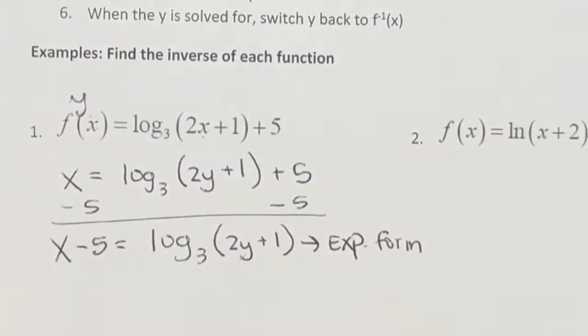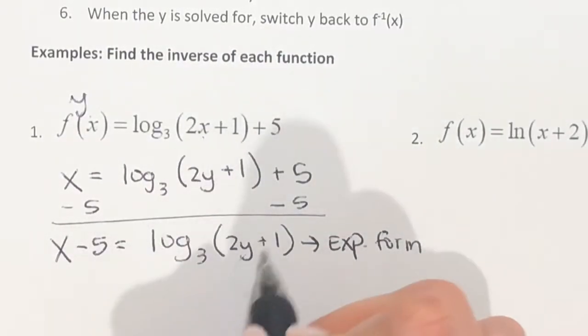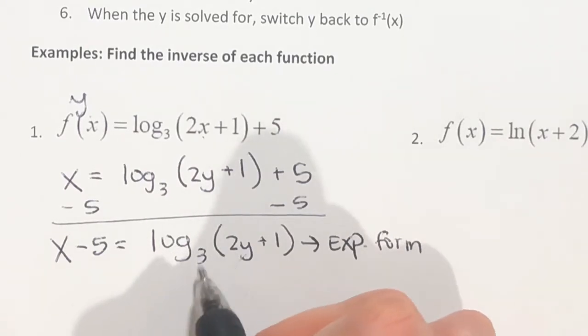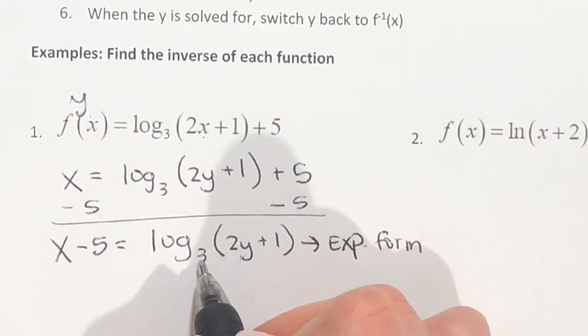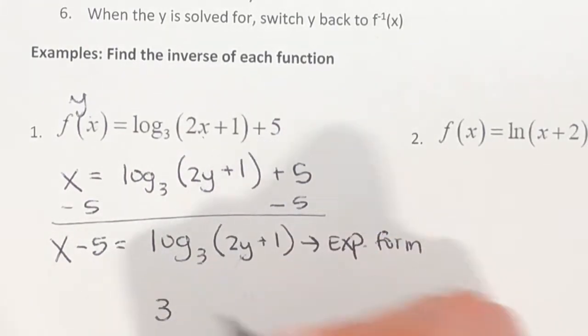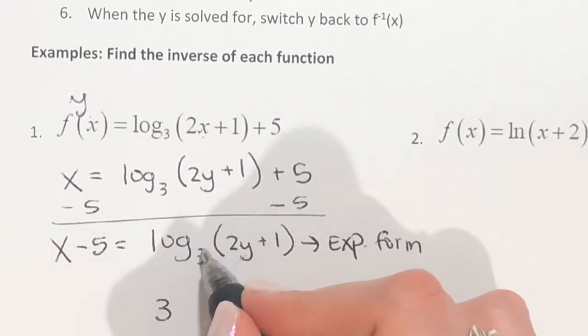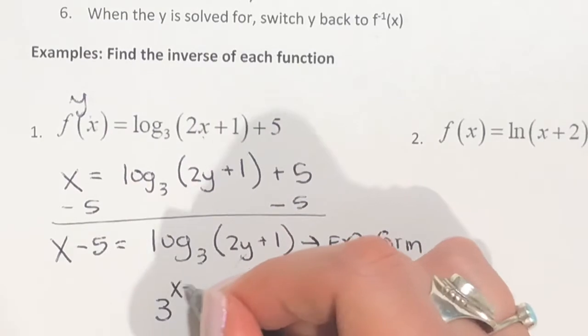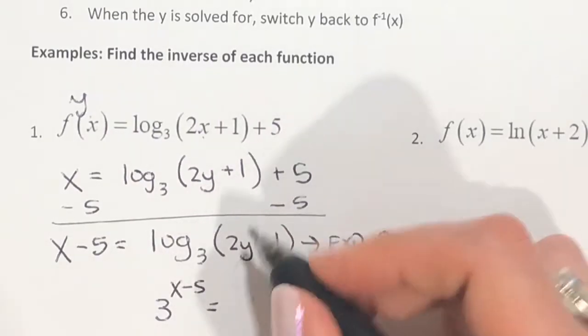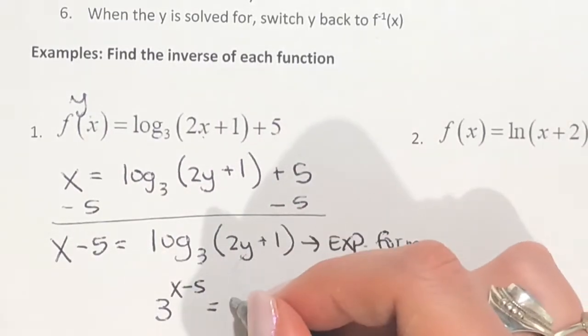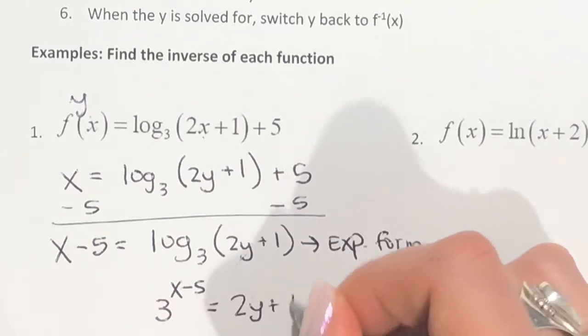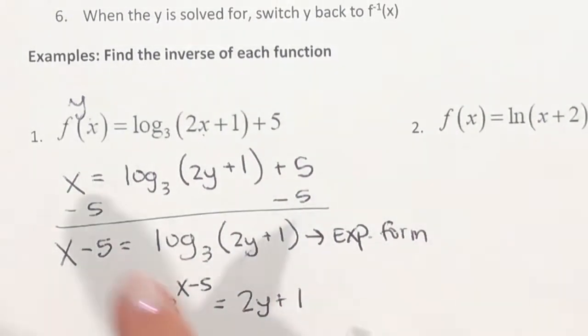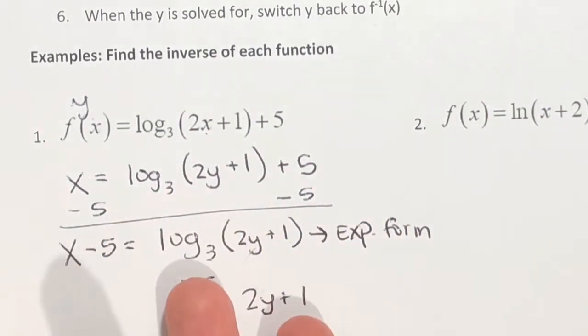That's where you need to remember to do your change: if 3 is your base here, that is going to be the base of the exponent. Whatever your logarithm is equal to comes to the exponent, and whatever is inside the logarithm comes out equal to the exponential. Think of these two things as almost switching places.